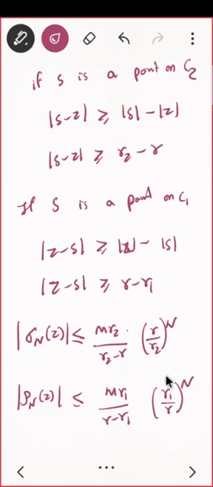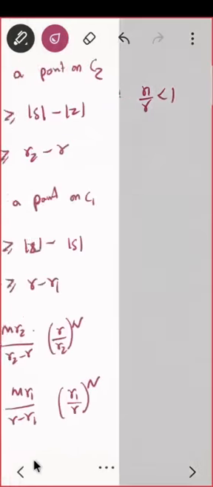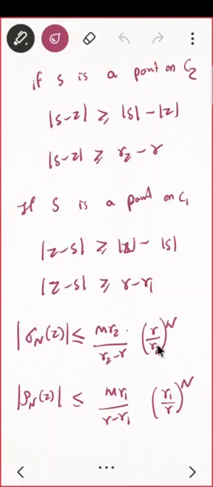Look at these two things, same as the previous one. Since r upon r2 is less than 1 and r1 upon r is also less than 1, these two limits go to 0 as n tends to infinity.